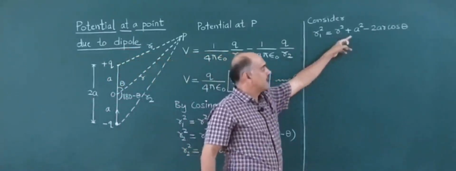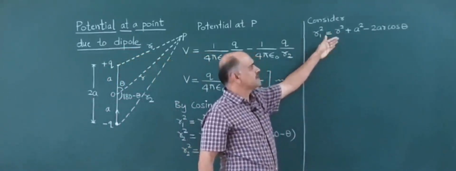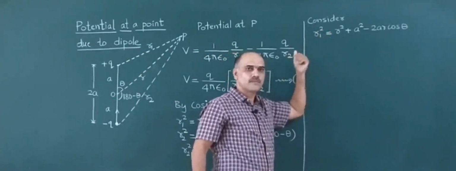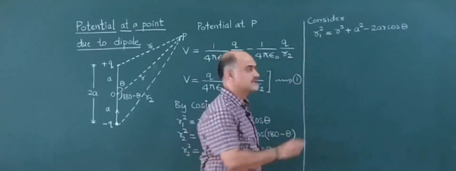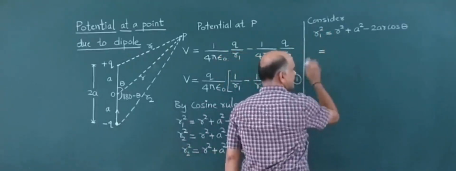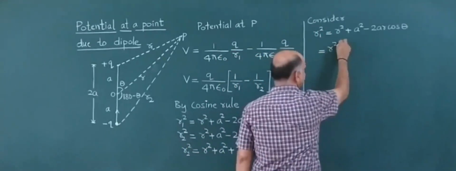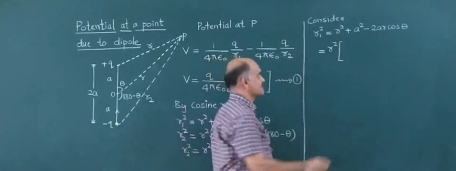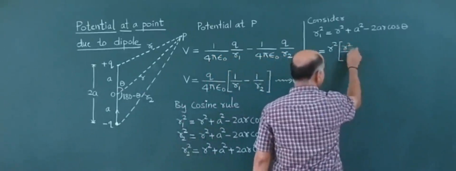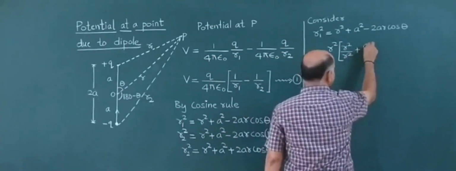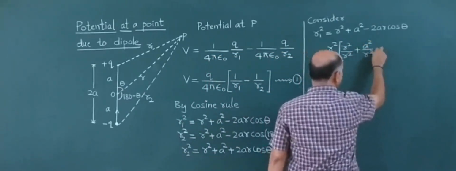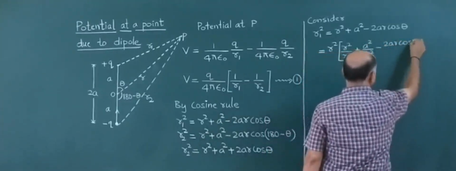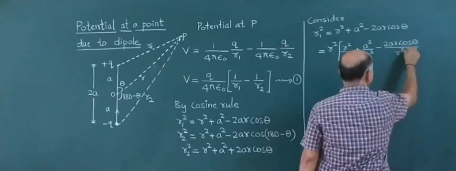I will multiply and divide by R square. So R square into bracket, dividing each term by R square: R square by R square plus A square by R square minus 2AR cos theta by R square. Bracket complete.